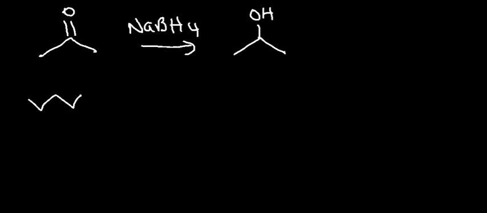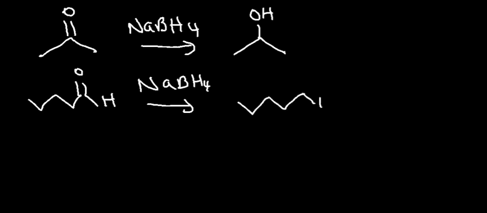So knowing that, go ahead and predict the product for this reaction. All you've got to do is draw the same carbon structure and then simply replace the carbonyl group with an alcohol. And that's how you get the end result.